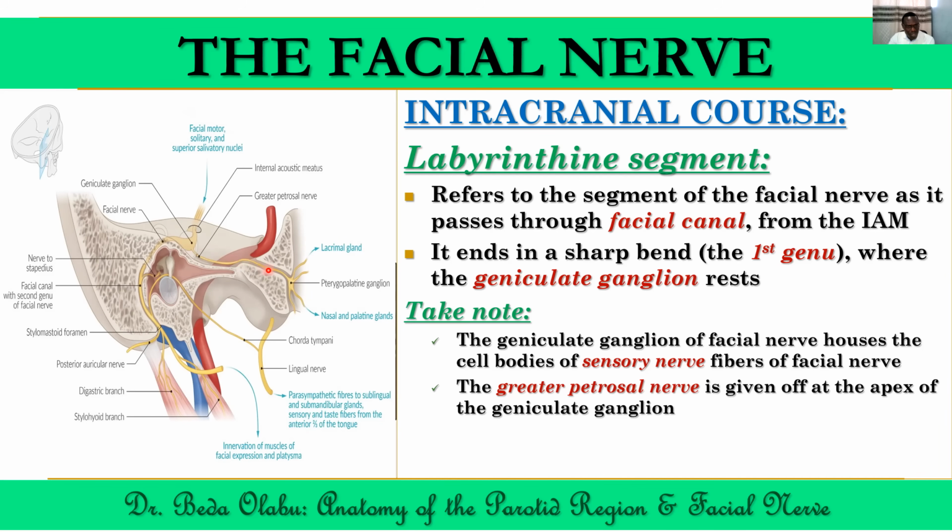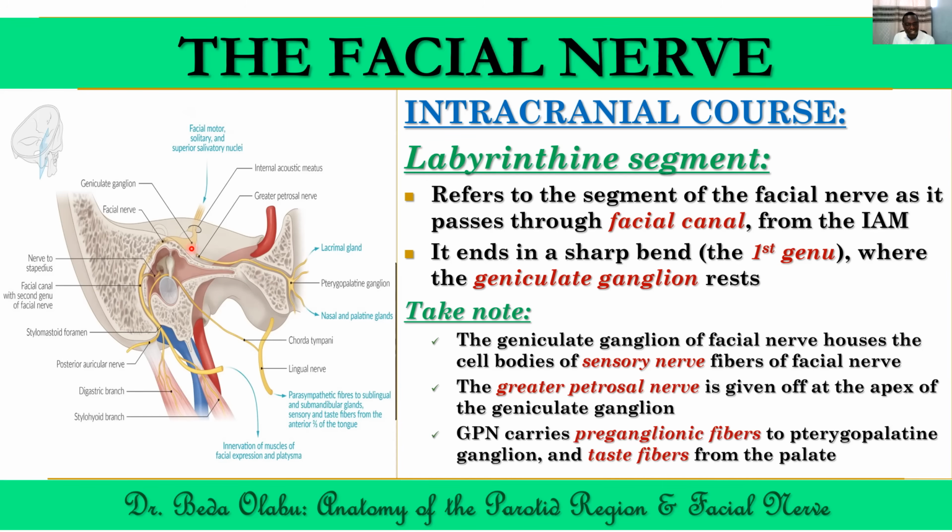So this greater petrosal nerve is an important branch of facial nerve because it carries 2 functional components. It carries the preganglionic parasympathetic fibers of facial nerve that target the glands above the mouth.